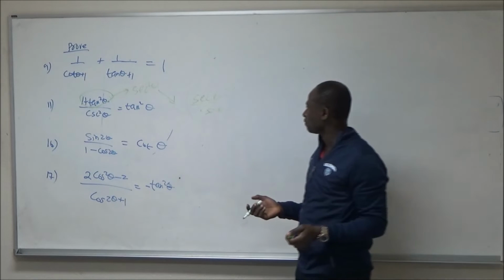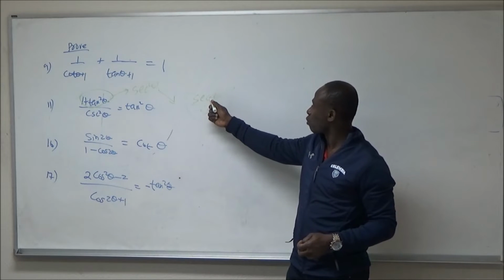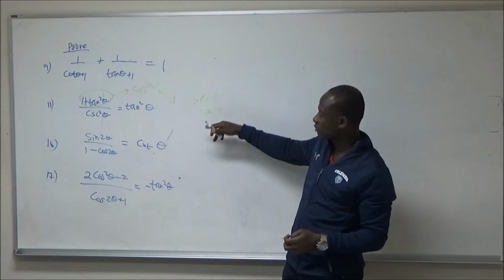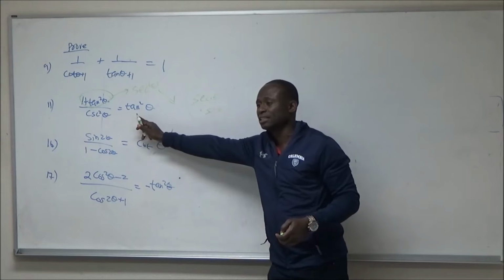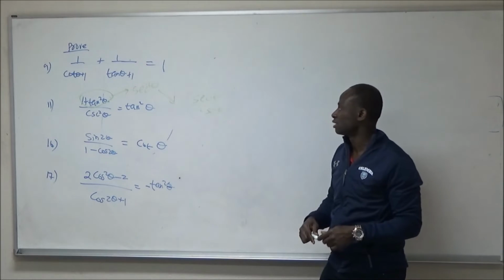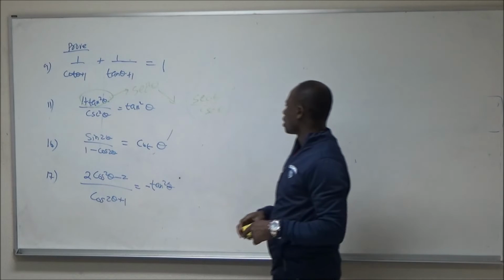It doesn't make any difference, but if you want to do that, and then you realize this is the same as 1 over cosine, so it goes to the bottom, 1 over sine, it goes to the top, and then you get tangent, and you square it. If it works for you that way, that's fair. Okay.